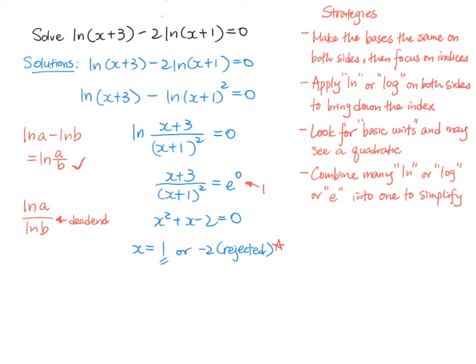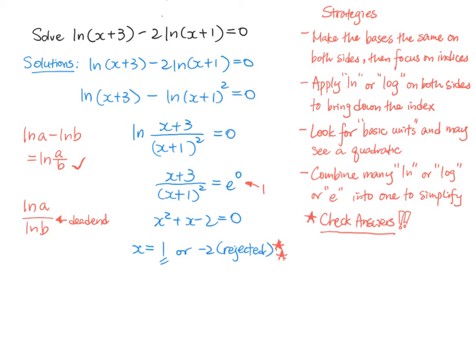But this part is very, very important, and this is something that we have talked about before. Why do we have to reject this negative 2? You always have to check your answers. If I put negative 2 in here, this is ln 1, which is okay. But if you put negative 2 in here, that gives us ln of negative 1.